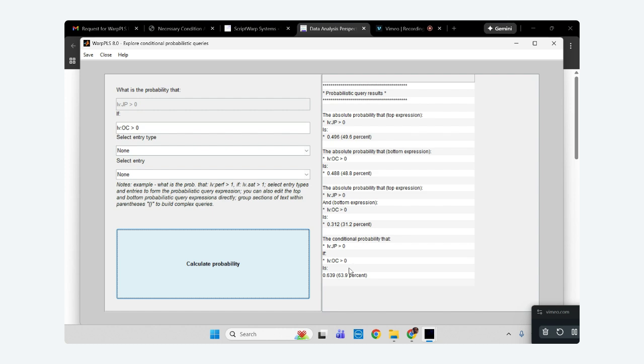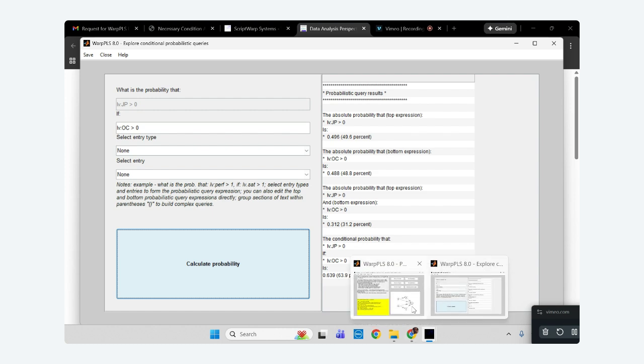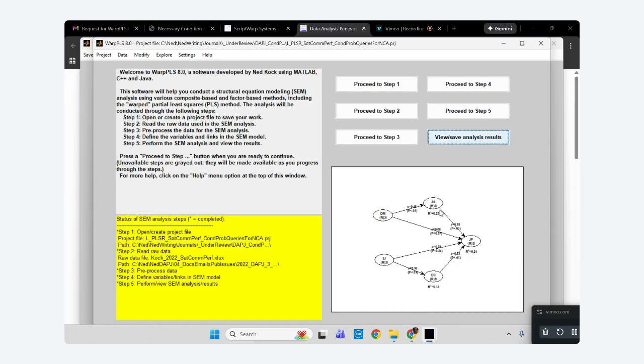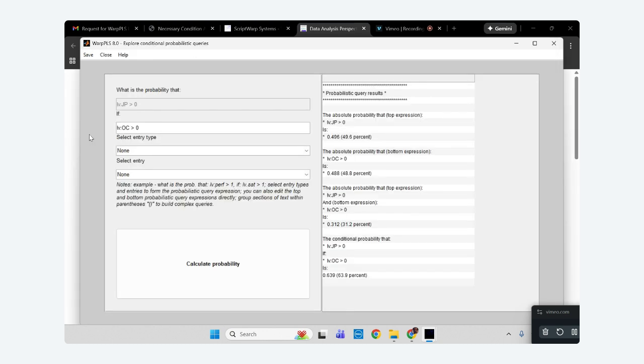Now let's include another predictor. This time I'll include JS. That would make this a multivariate necessary or sufficient condition analysis. So I'm going to enter also JS being above average. And let's calculate.